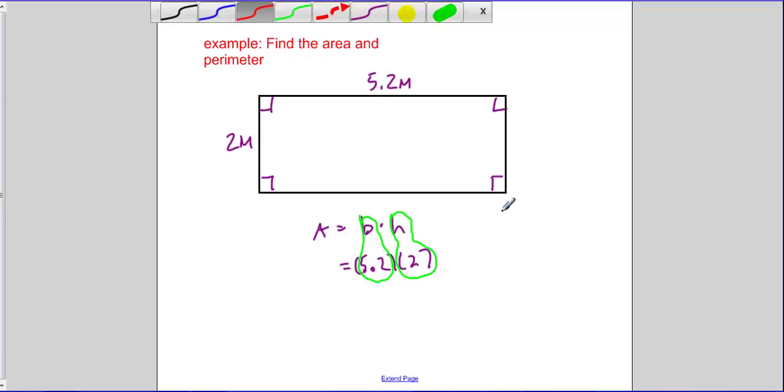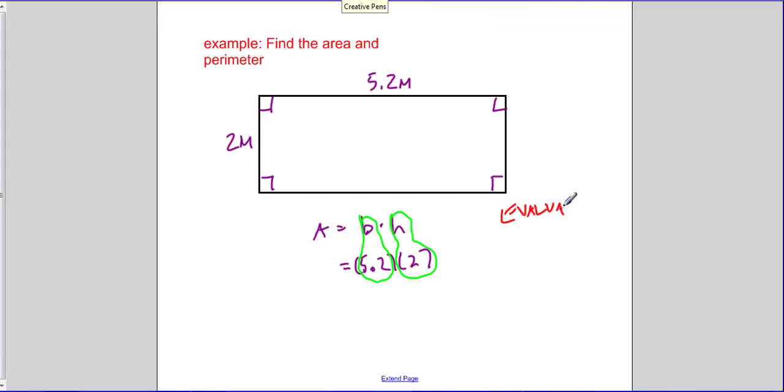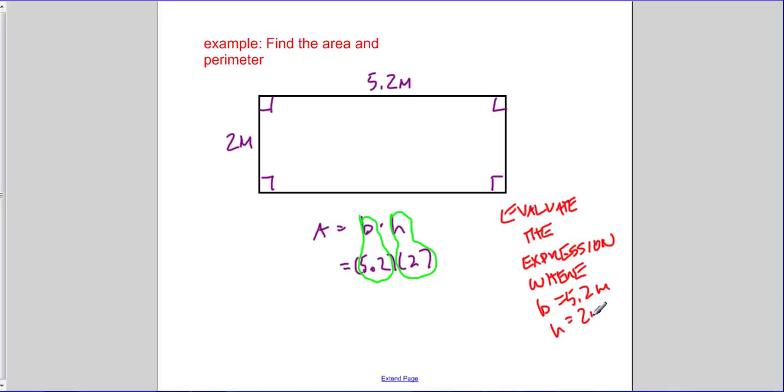This is also called evaluating the expression, where B equals 5.2 meters and H equals 2 meters. This is a common word, the word evaluate. So then we just multiply those together. 5.2 times 2. Move the decimal point one place. So that's going to be 10.4 square meters.